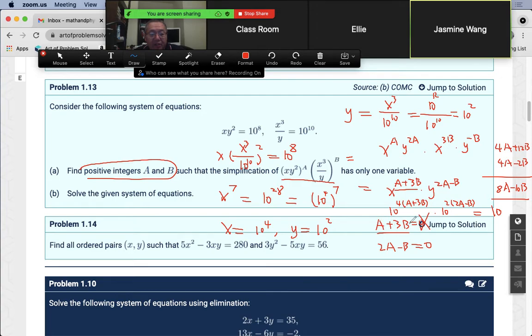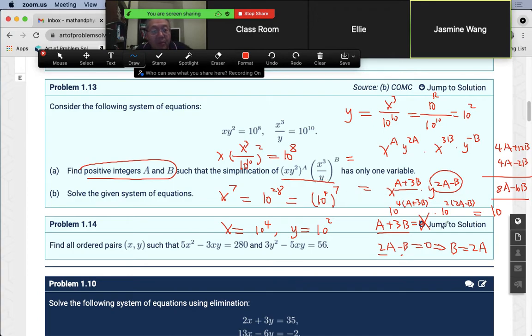How can the sum of these two positive numbers equal 0? So this one definitely cannot be 0. That means this one should be 0. Get 2a minus b should equal 0. So from this one, you can get b equals 2 times a. Okay? b equals 2 times a will make this one have only one variable, that only has x.